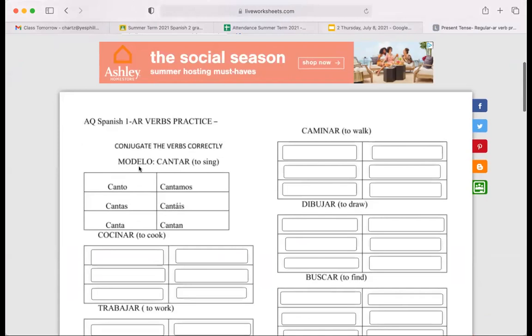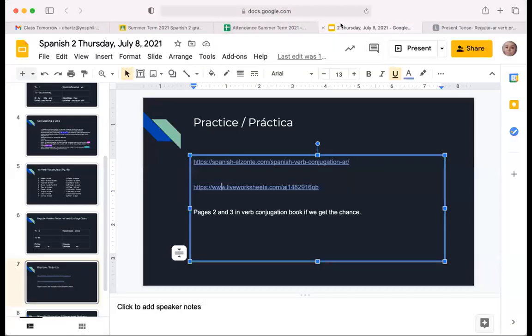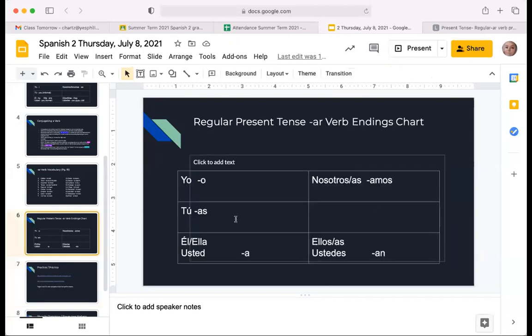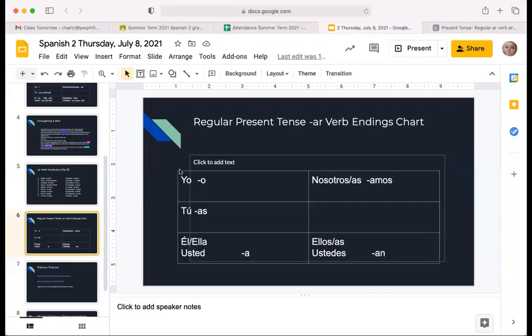Yeah, so you see how they have the charts here, like I have here. And you can see how they don't have yo and tú and everything else. That's because all of the forms are different. Technically, you don't need to put the yo and the tú in front of you.